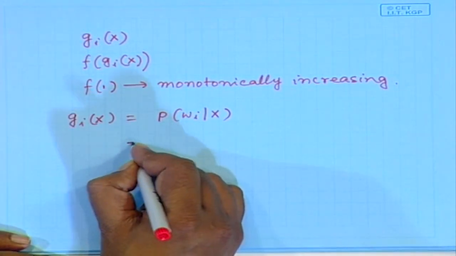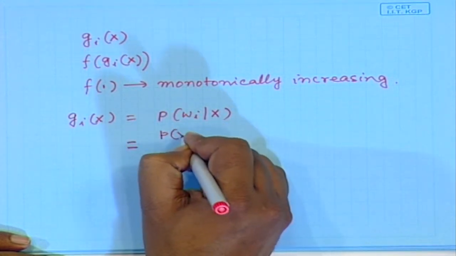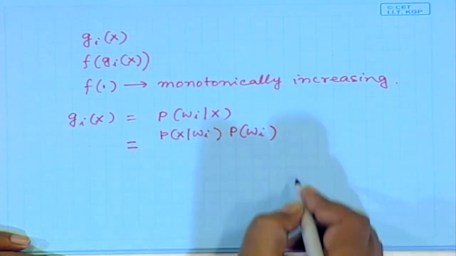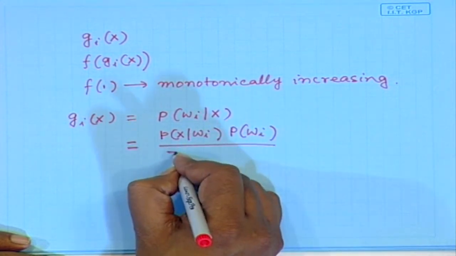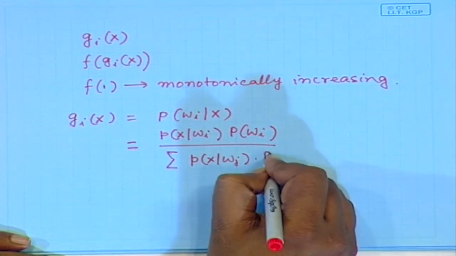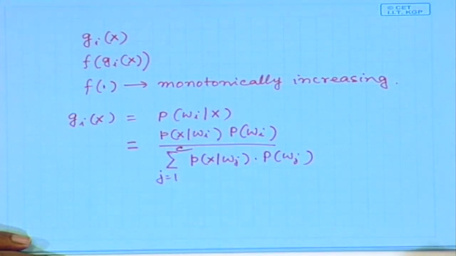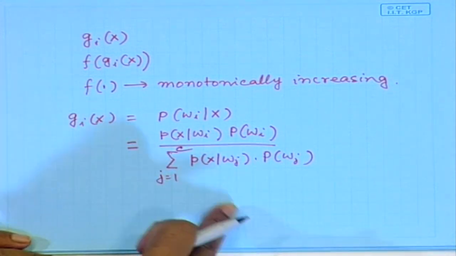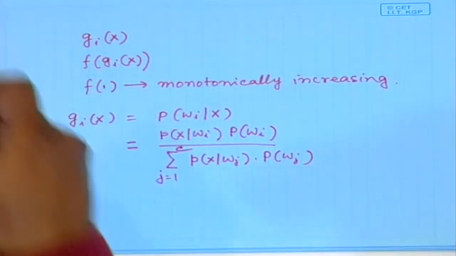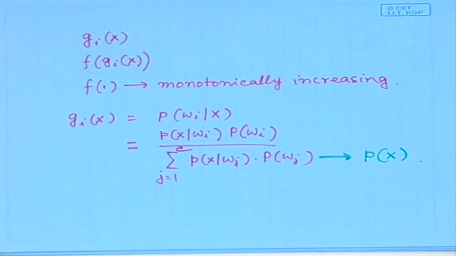If I expand this, it simply becomes p of x given omega_i into the a priori probability p of omega_i, upon the summation of p of x given omega_j into p of omega_j for j varying from 1 to c. This term is nothing but p of x.